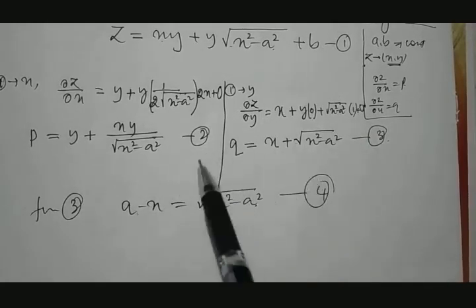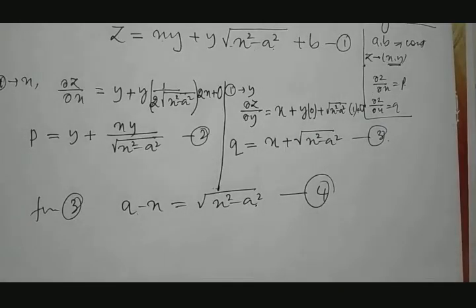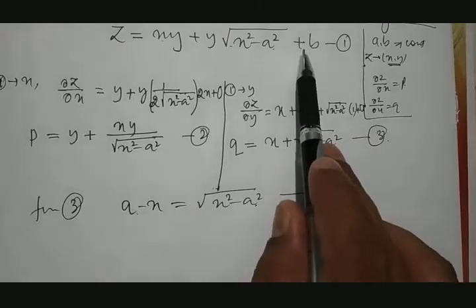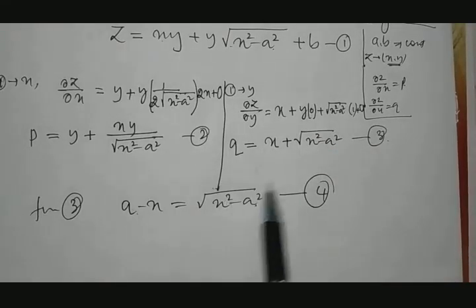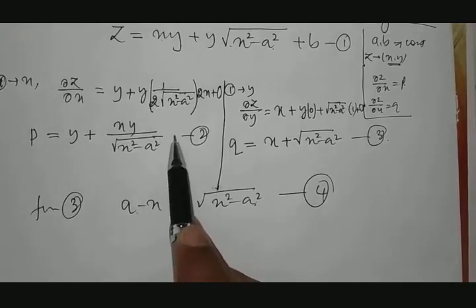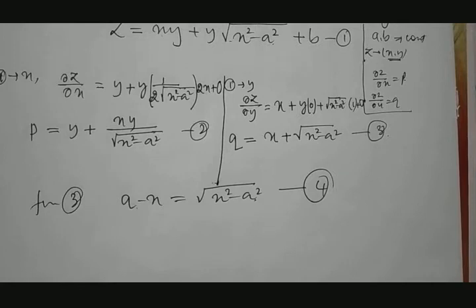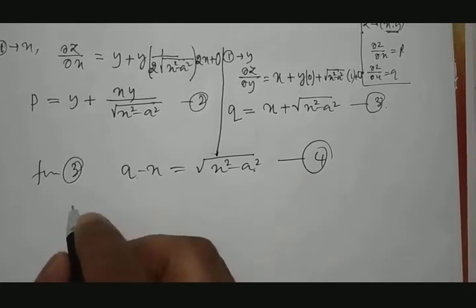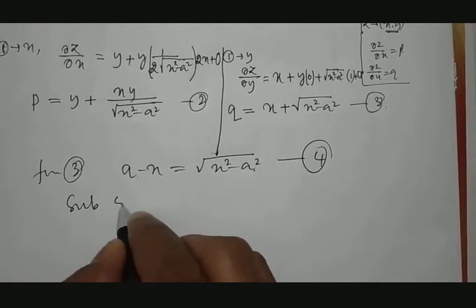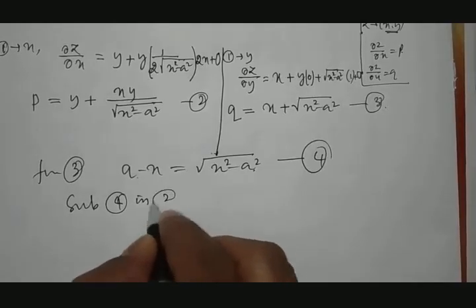In our derivative itself, the b got eliminated, so that is the advantage here. So instead of substituting this value directly in equation number 1, we'll substitute this value in equation number 2, because in equation number 2 b is not there, only a is there, that will be eliminated after the substitution. Then substitute equation number 4 in equation number 2.